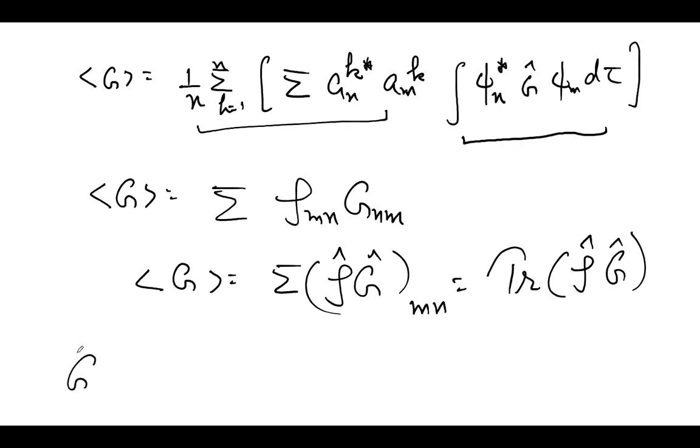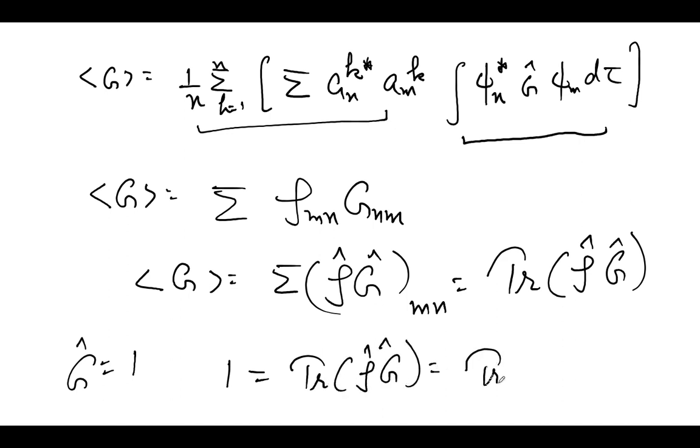The maximum value of this G operator is equal to 1. So what does it mean? It means the trace of rho into G, that is the trace of rho, is the sum of values of these density functions.